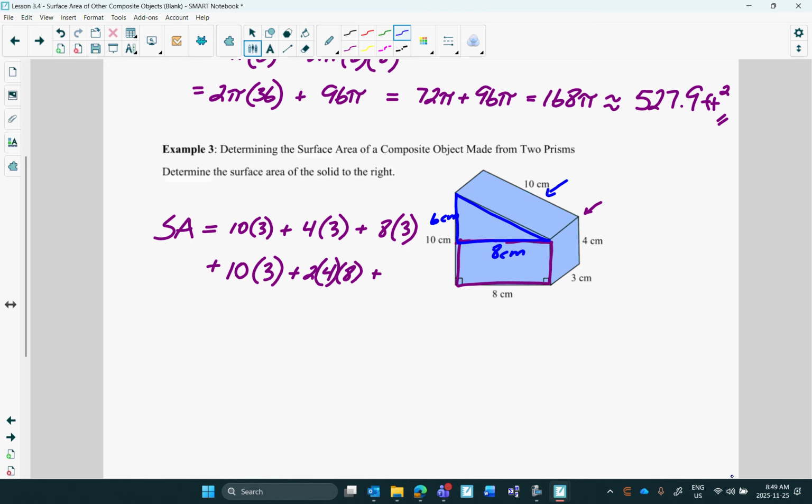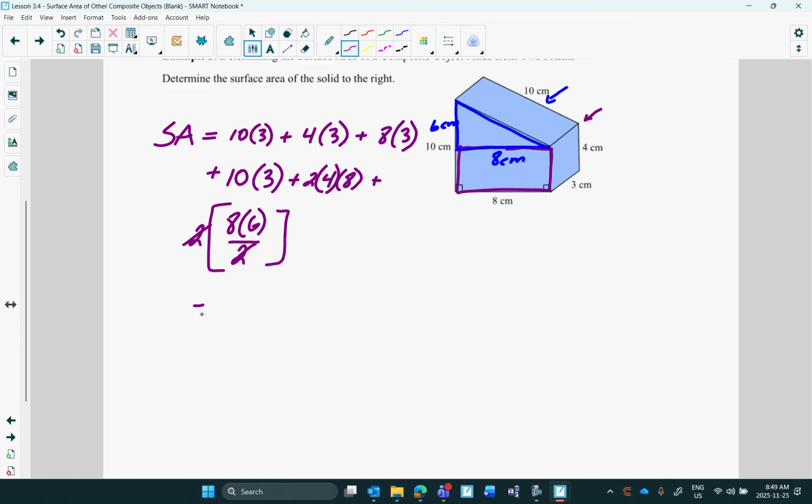So it would be plus 8 times 6 divided by 2. But there's 2 of them, front and back, so I have to times 2. And then the times 2 and divide 2 cancel each other out. So I just have to find all these values.